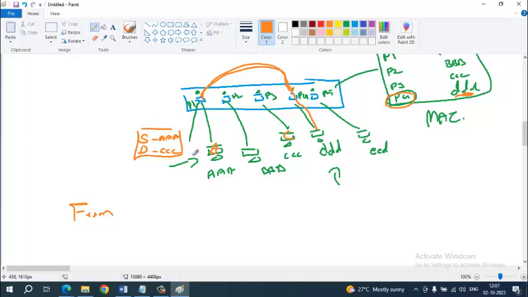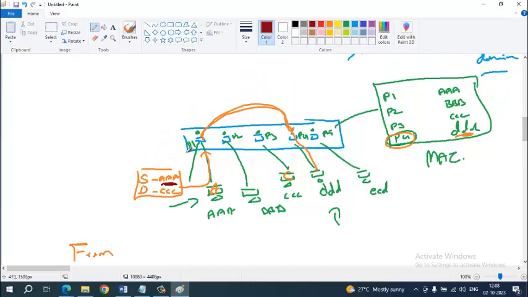When this packet approaches a port from the source, it learns that A is connected on P1. Earlier, the MAC table was blank. Now it learns A and port 1.